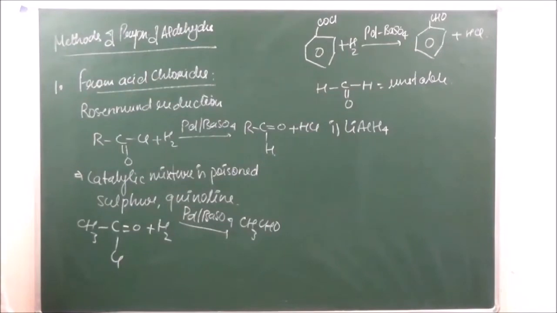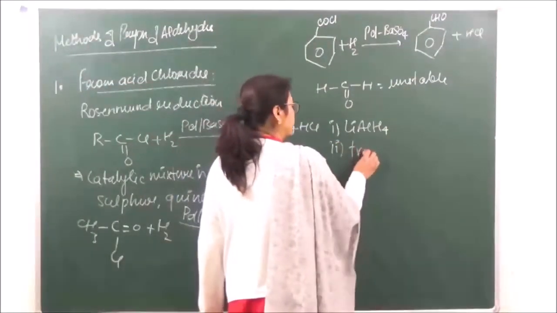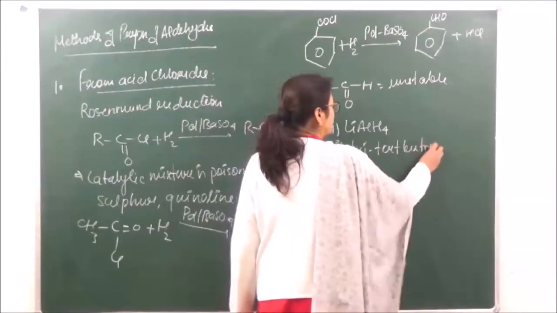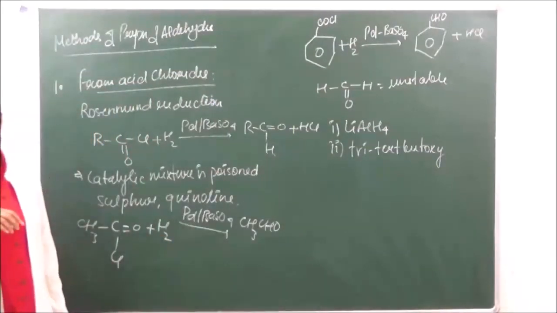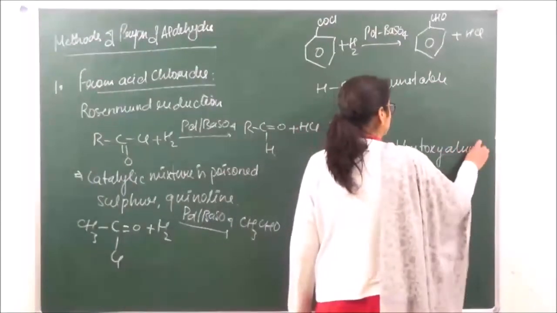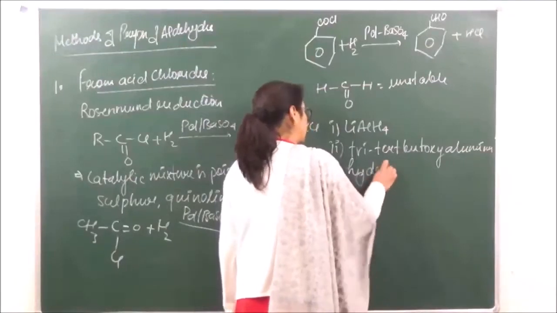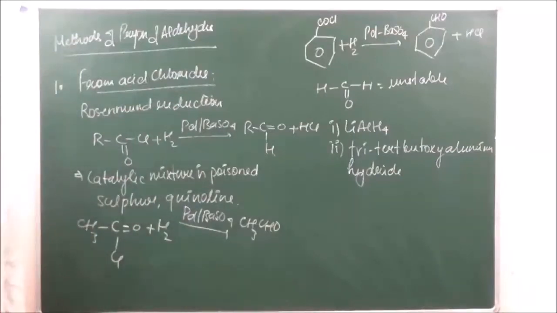So these are the reducing agents. Aluminium hydride, this is another one which we can use over here. This is the first method of preparation.